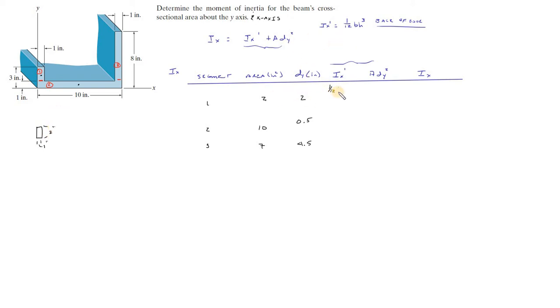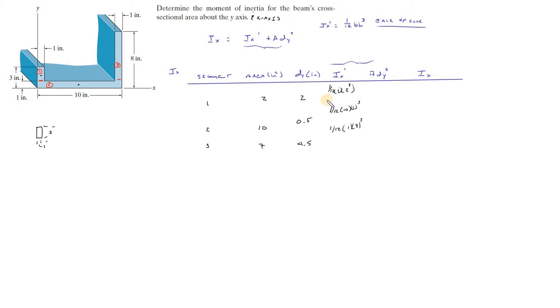So it's 1 times 2 cubed. I'm going to do that for the rest of them, so I'll have 1/12. The base here is 10 times 1 cubed. And then the last one is 1, which is my base, times 7 cubed.